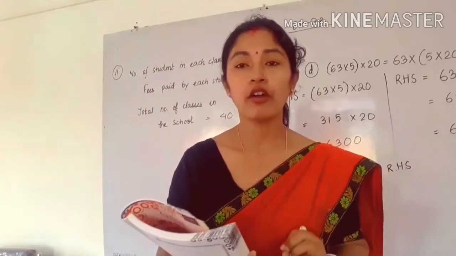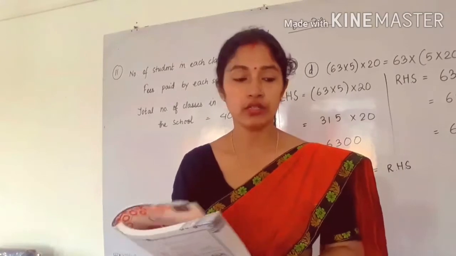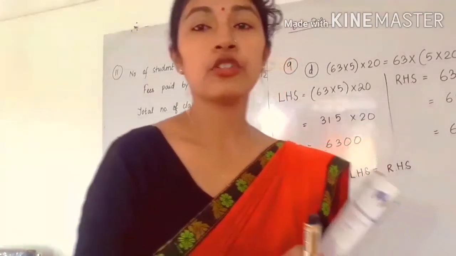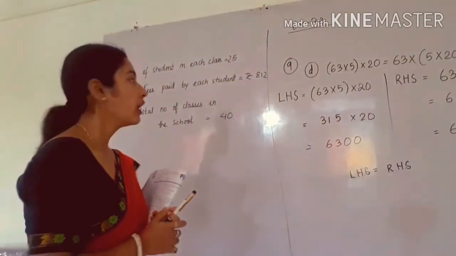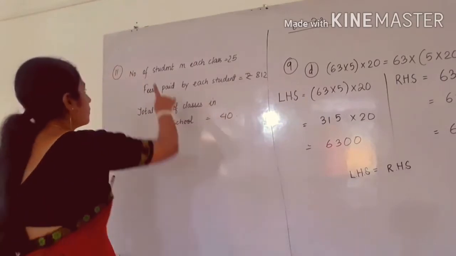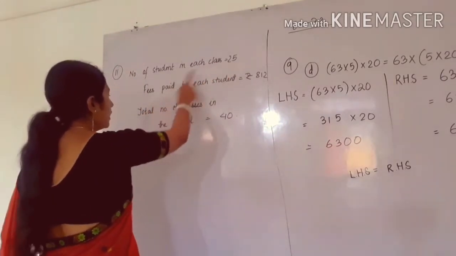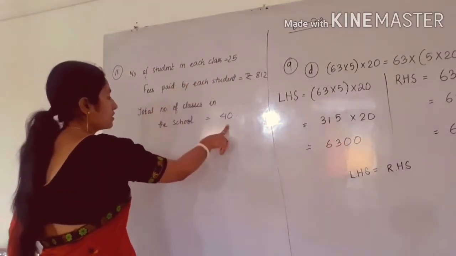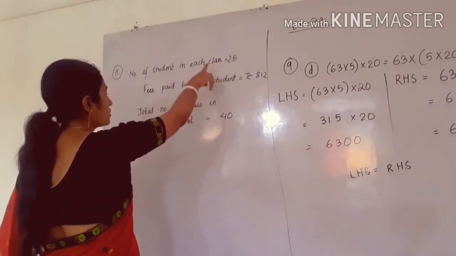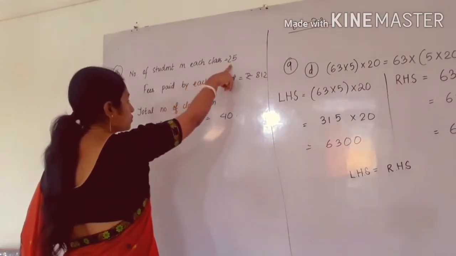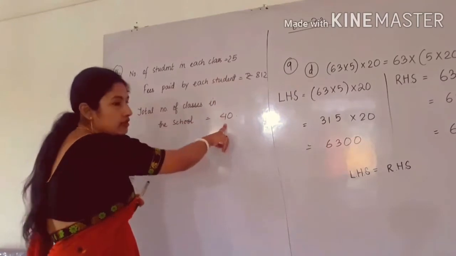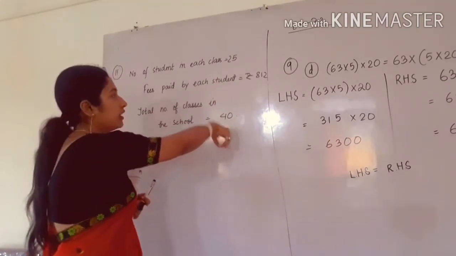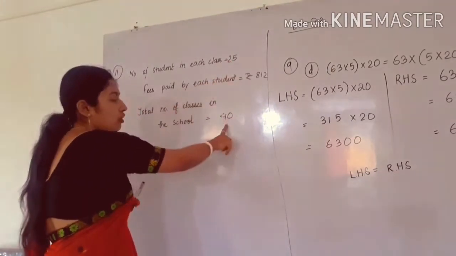So first of all you will find the total number of students. How will you find? Number of students in each class into total number of classes, because in one class we have 25 students. So in 40 classes how many students will be there? Yes, 25 into 40.